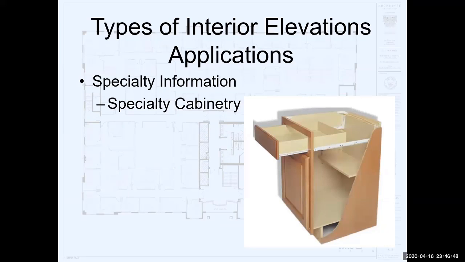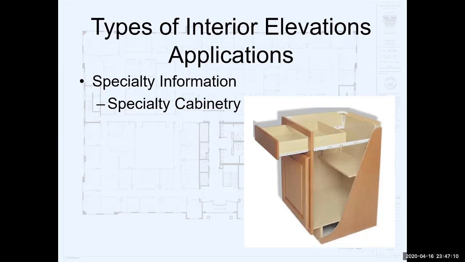So other specialty requirements include elements of cabinetry. And we're going to talk a lot more about cabinetry next week. But this week, we're going to have an opportunity to dip our toe in that water. We do have one detail to do this week, and that's in cabinetry.